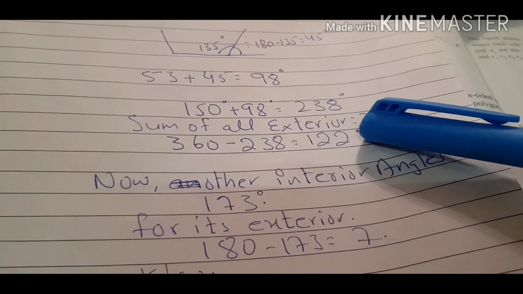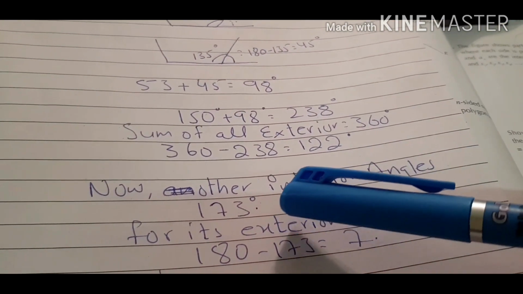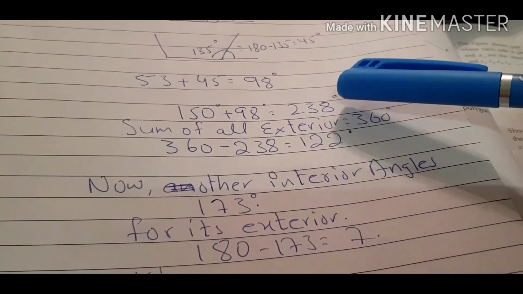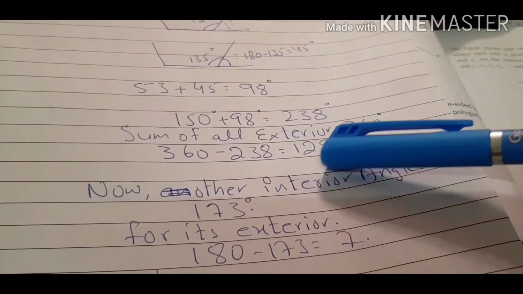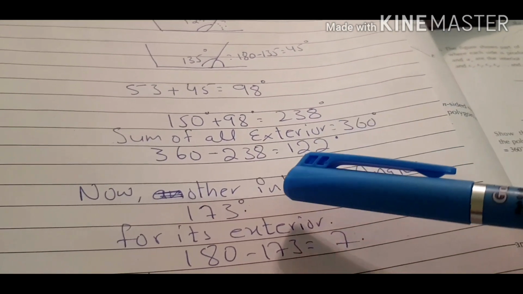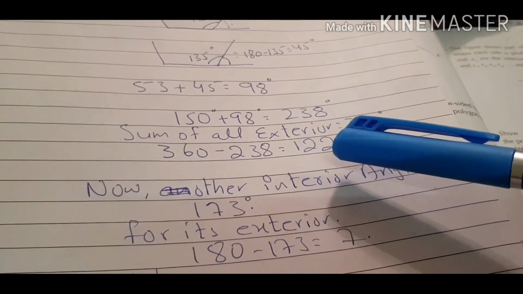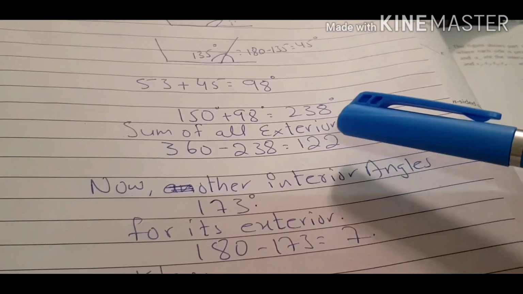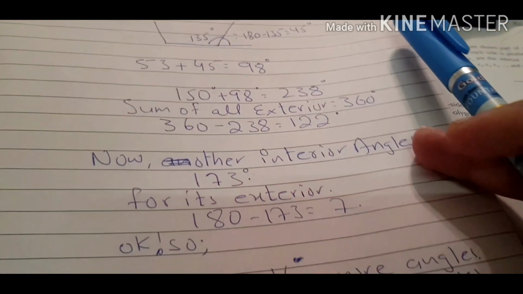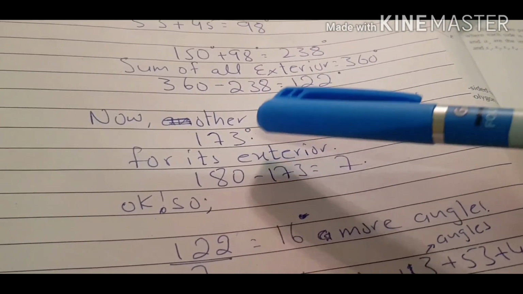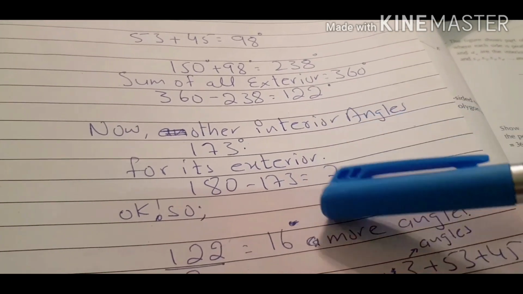Out of the remaining 122, no matter how many angles there are, each of them has an interior angle of 173 degrees. So we will take out the exterior angle of 173: 180 minus 173 equals 7.